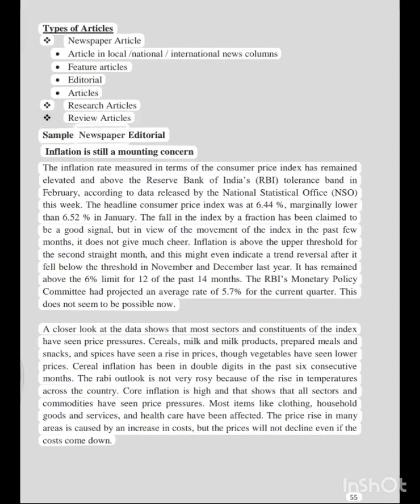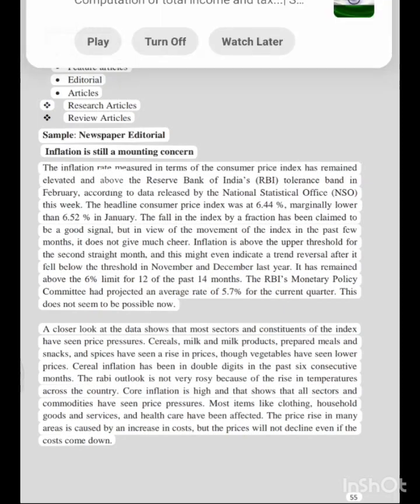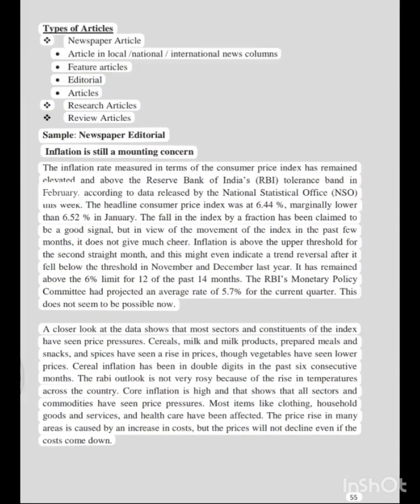Sample newspaper editorial. Inflation is still a mounting concern. The inflation rate measured in terms of the Consumer Price Index has remained elevated and above the Reserve Bank of India's (RBI) tolerance band in February, according to data released by the National Statistical Office (NSO) this week.